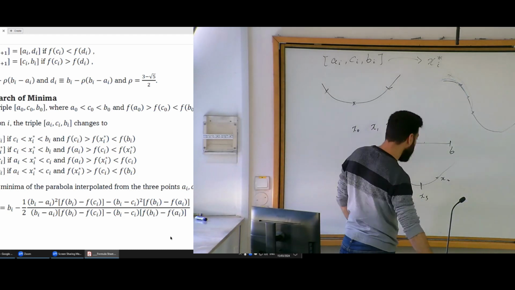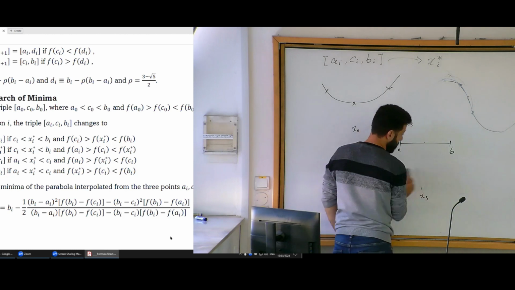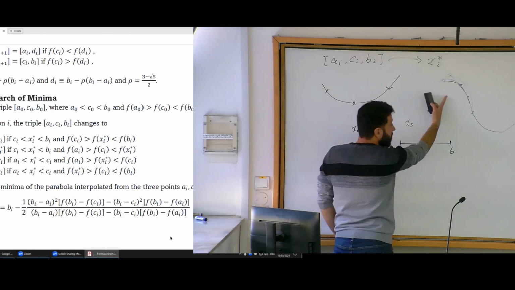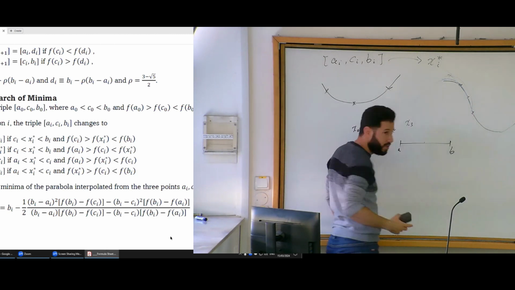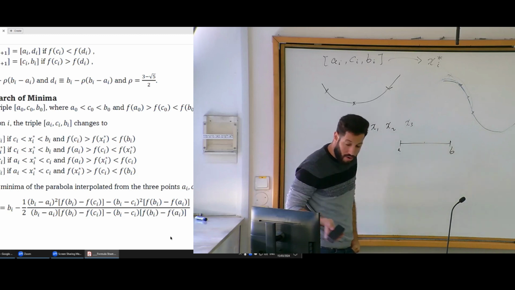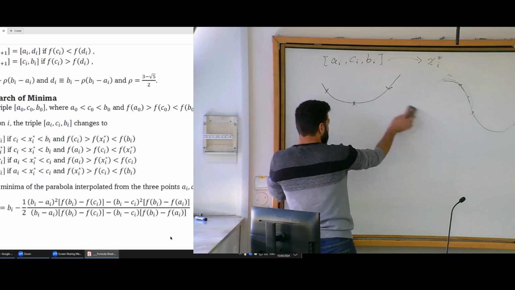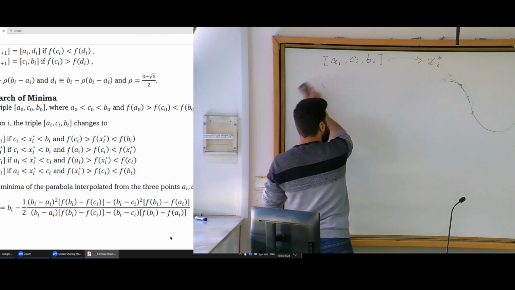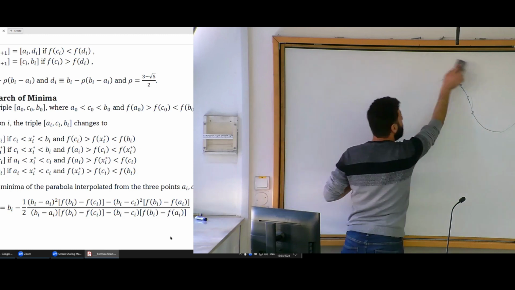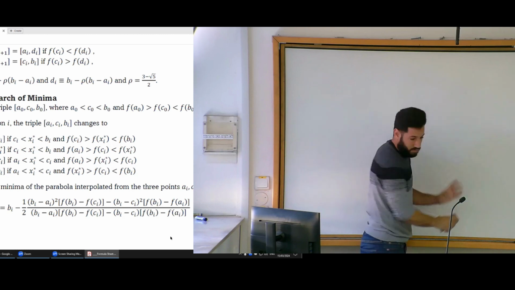I know that the x star, and because of that, I might not go to the minima. I might go to the maximum. So this parabolic method will find me an extrema, or it will not converge.